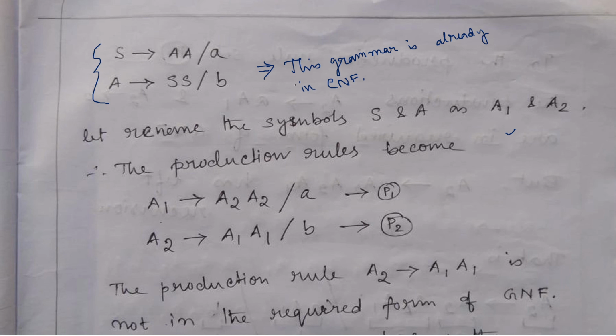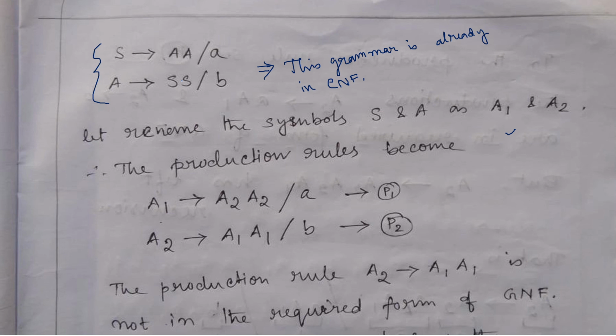If you see that it is not in CNF, then first you have to check whether the grammar is properly minimized or not, whether the production rules are optimized in terms of the presence of unreachable symbols, lambda transitions, useless symbols and so on.